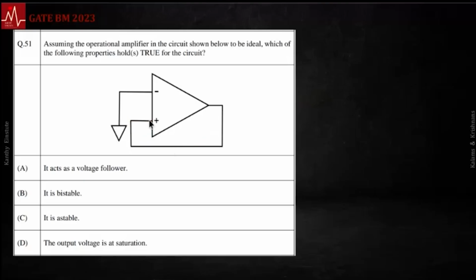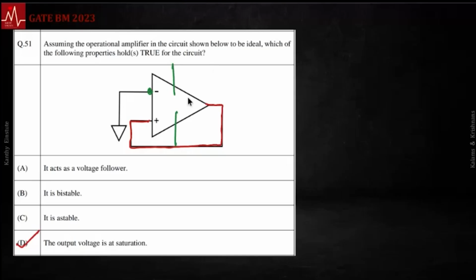The reference is grounded, and the ground can be at any voltage. We set the reference to be zero, but voltage can be anything, right? Notice because of this, the output voltage is at saturation. There is no counteracting negative feedback loop. So here, this is certainly saturated, and based on what the input is, it can saturate to either V plus or V minus.